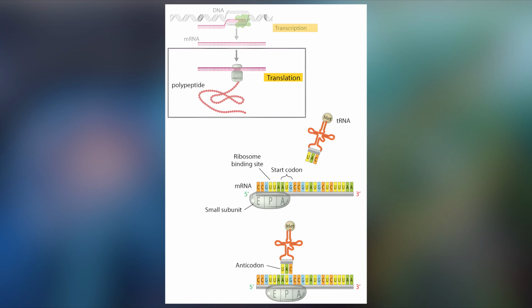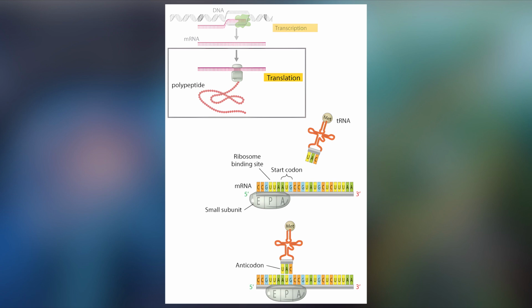And both of these tRNAs have amino acids attached to the opposite side, so like the top end. That is the opposite side to the anticodon. What the ribosome does, specifically the large ribosomal subunit, is it catalyzes the formation of a peptide bond between these 2 amino acids. That is, the 2 amino acids carried by the 2 separate tRNAs, which have bonded to the ribosome.